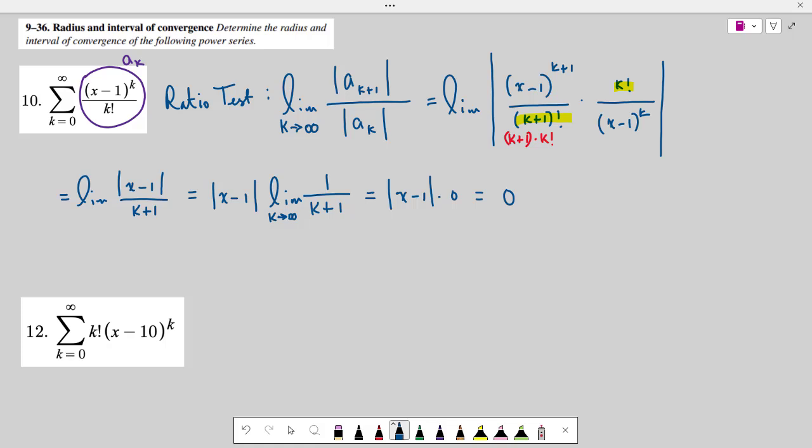Well, let's go back in time and think about the ratio test. When you do the ratio, we called it R back in the prior chapter, when you found your R value, what was the conclusion? If it was less than 1, then it converges. Is this less than 1? Yes.